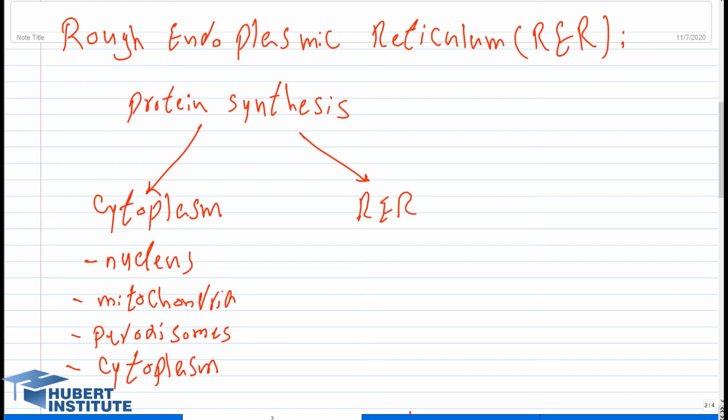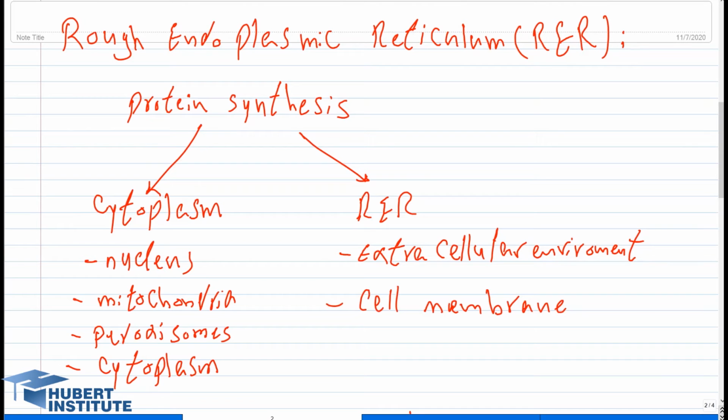In contrast, proteins that are synthesized in the rough endoplasmic reticulum will either be secreted into the extracellular environment, or they will end up becoming integral proteins in the cell membrane. Or they might remain in the endoplasmic reticulum, Golgi apparatus, or lysosome. And you'll see in a few moments why I'm grouping those three organelles together.